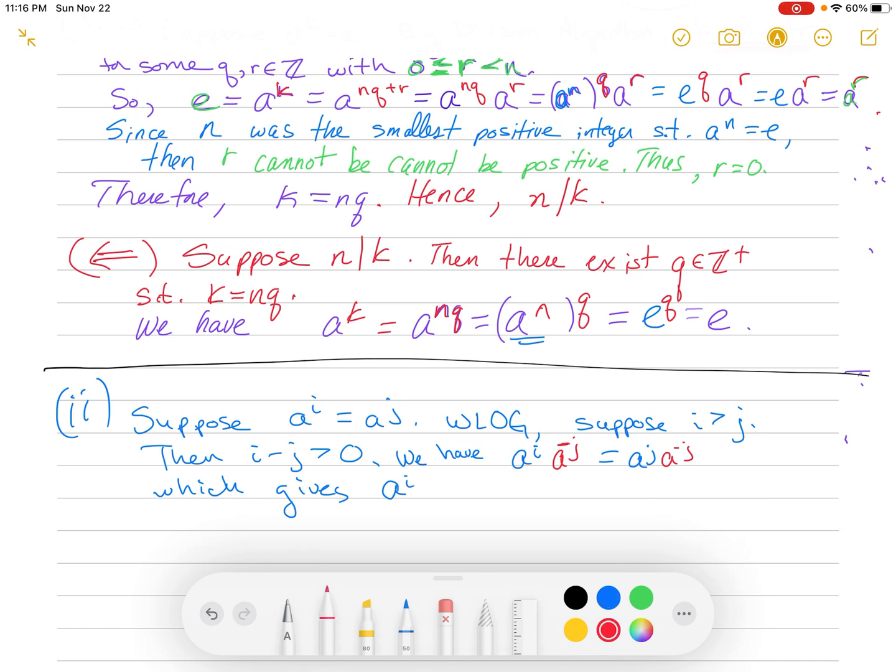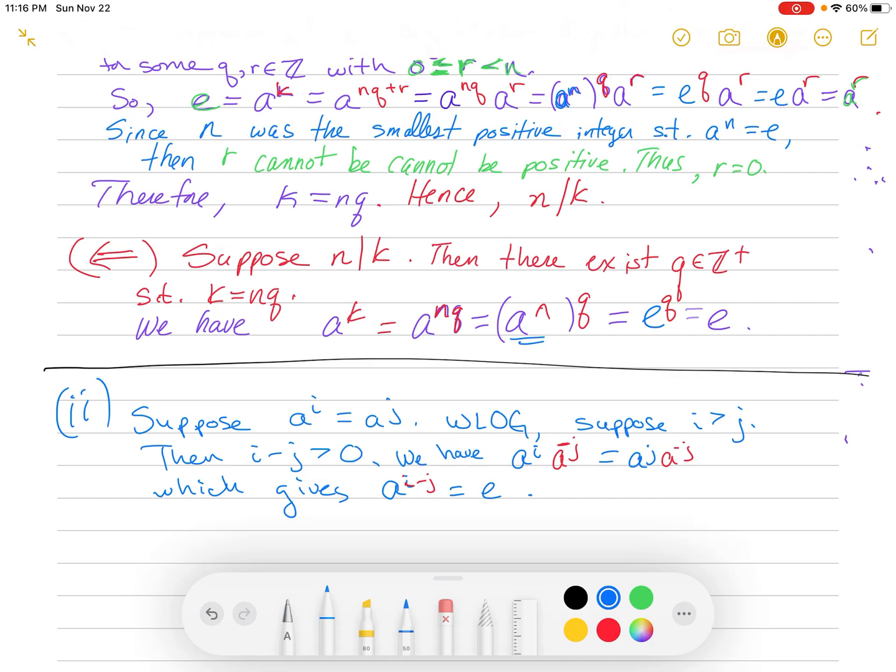We had a property with adding exponents. It's going to be a to the i minus j. When you add i and negative j, you get a to the i minus j equals, on the right side, a to the j times a to the negative j, which is going to be the identity, right? Because a to the j and a to the negative j are inverses of each other, so that's going to be the identity.